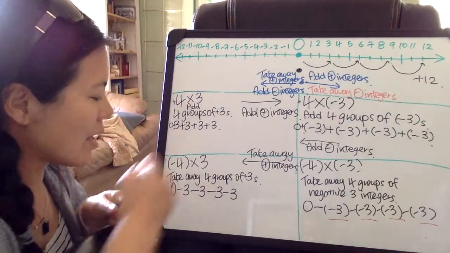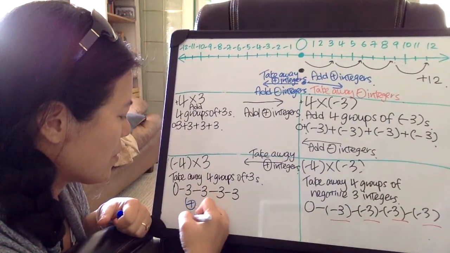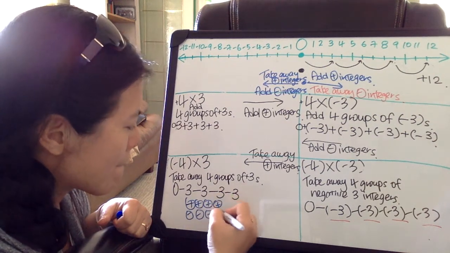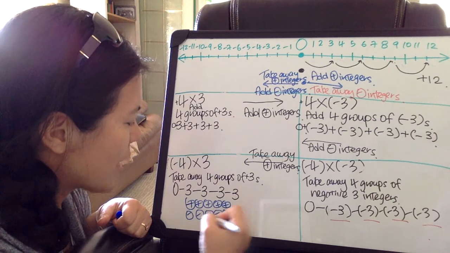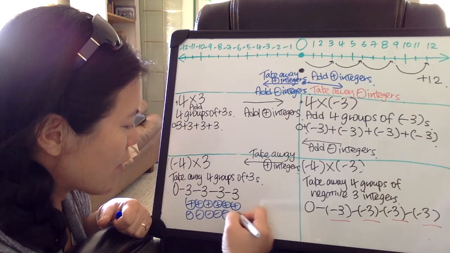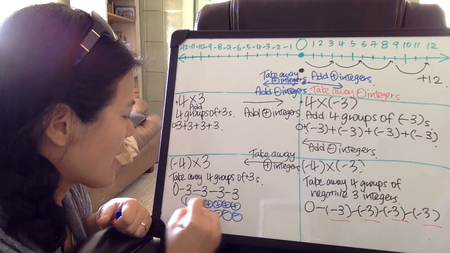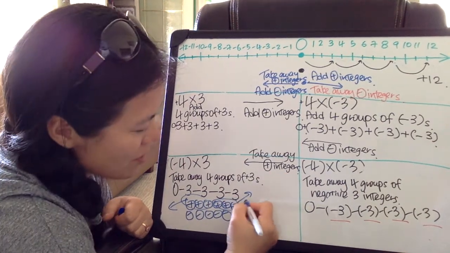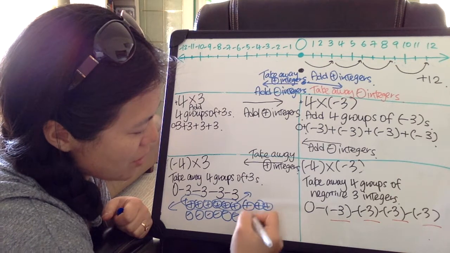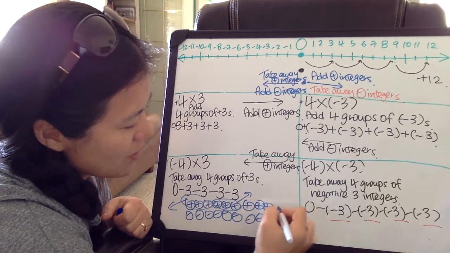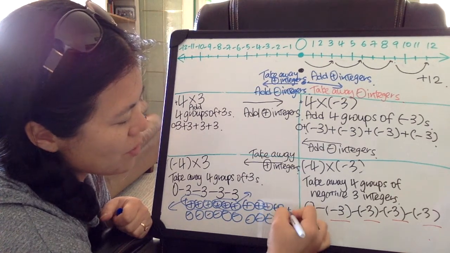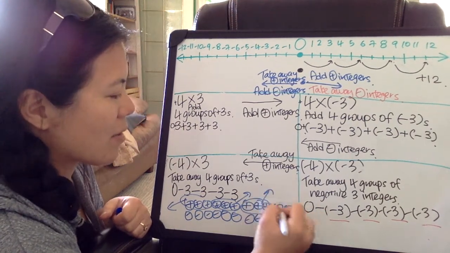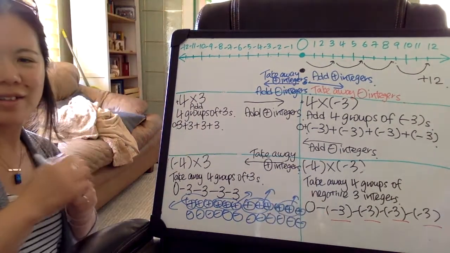So I will do 2, 2, 2, 2, and keep on going because I can only take away 2 for now, so I need more zeros, and now I can take away that.